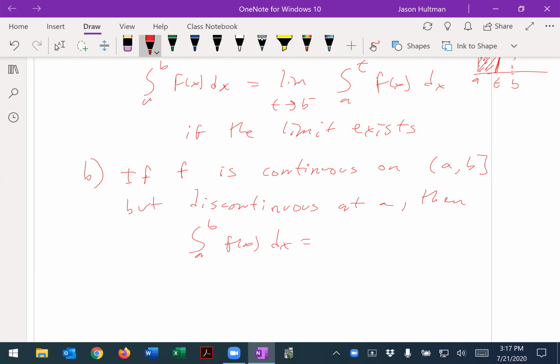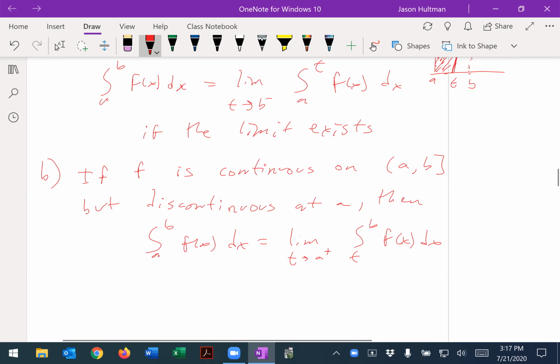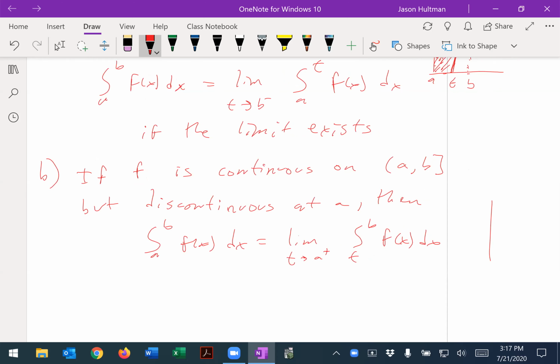The integral is equal to the limit as t approaches a from the right of the integral of f of x dx. Then let's look at a little diagram of this one. If we're going from b now, b is included but a is not included this time, and t is any value in between, and we're going in this direction.